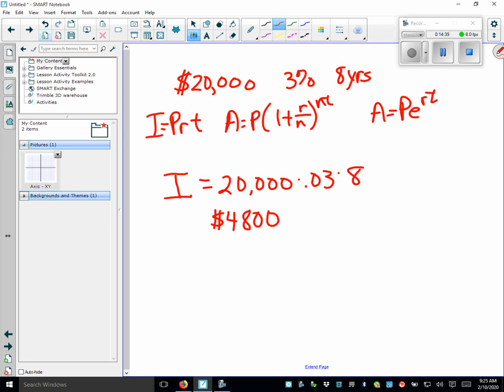Right? So on the test, would you want us to add that up or just put 4,800? I just asked for how much simple interest you earned. So that's how much you earned. How much money you had would be added together.